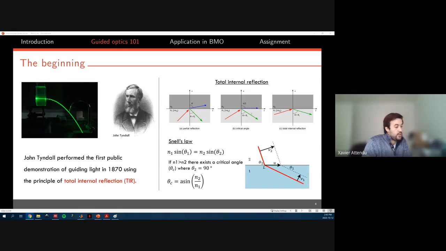Right? So in other words, it's also when the angle relative to the optical axis, so now the angle between the blue line and the z-axis becomes 0. It's when the refracted beam becomes parallel with the interface.